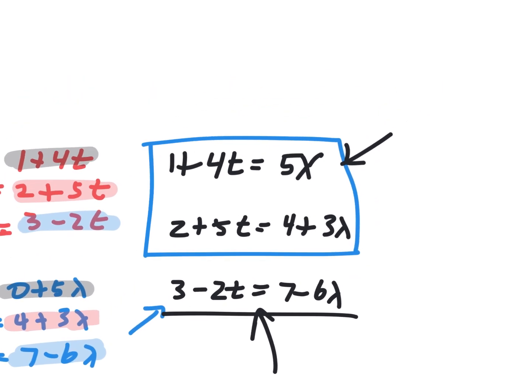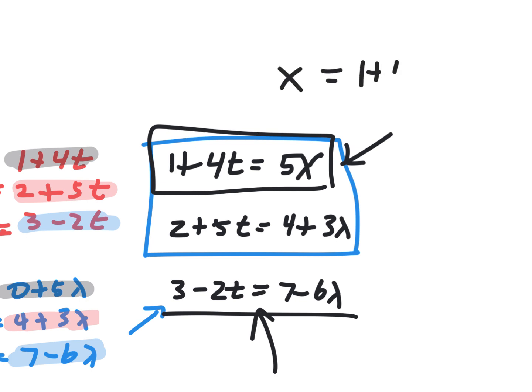All right, so I'll solve this the rest of the way. I'm going to solve this one for t right now. You could have done this a million ways. Actually, x. Well, then I got a big fraction. I'm going to have a fraction either way. Okay, I'm going to solve it for x. I'm going to say x equals 1 plus 4t over 5.